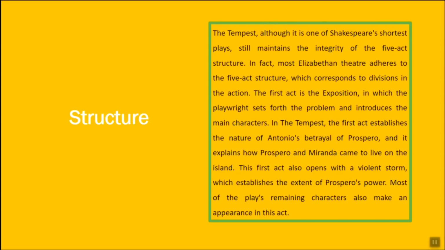This first act also opens with a violent storm, which establishes the extent of Prospero's power. Most of the play's remaining characters also make an appearance in this act.